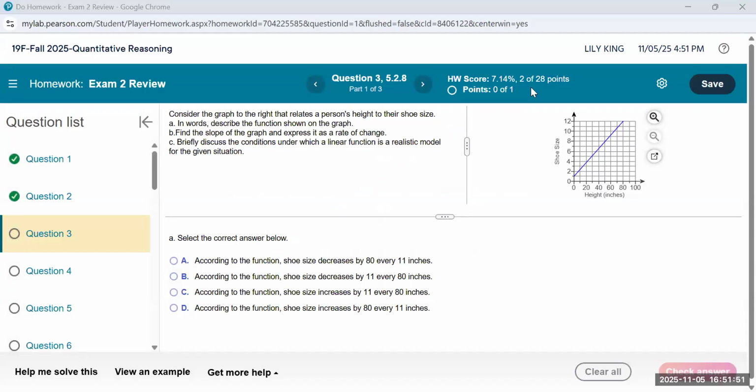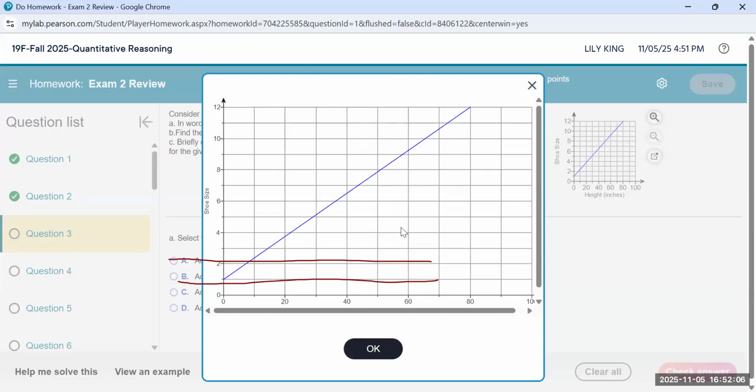So A is out, B is out. It's either C or D. Now let's look at the graph. Let's enlarge it and see how the graph is increasing. How is the shoe size increasing with respect to the height?